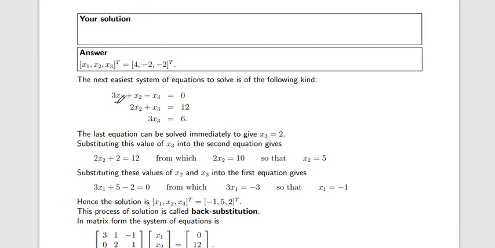Here we have x1, x2 and x3 in first equation. In second equation we only have x2 and x3. Here 0 x1, if we want to add 0 x1 plus 2 x2, and in third equation 0 x1 plus 0 x2.